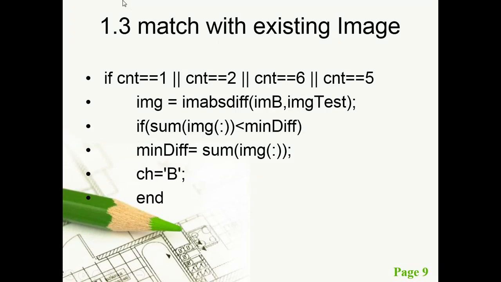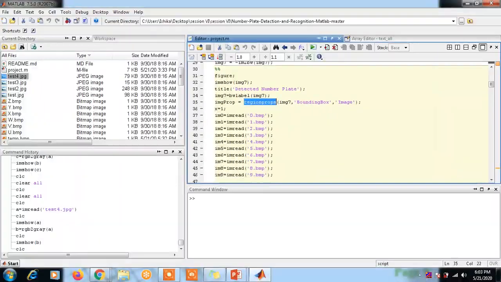Here the code is written: if cnt, that is the counter, count equals 1, or count equals 2, or count equals 6, or count equals 5, and if this is right, then it will run the program: image = abs difference in brackets imb, comma im test. So we'll check here.